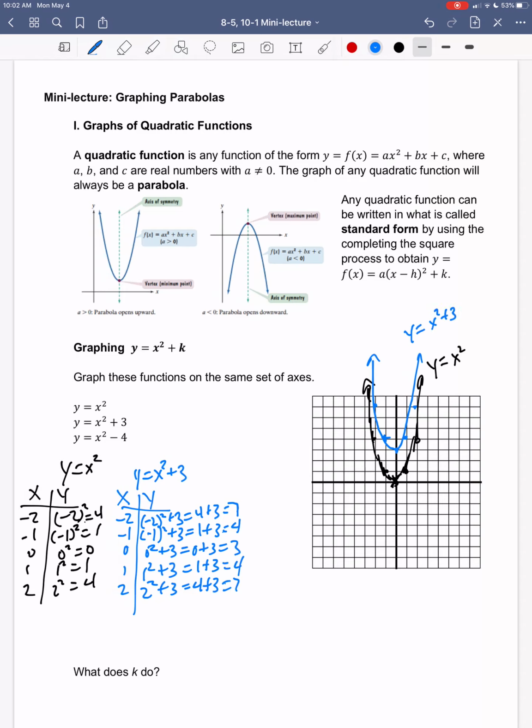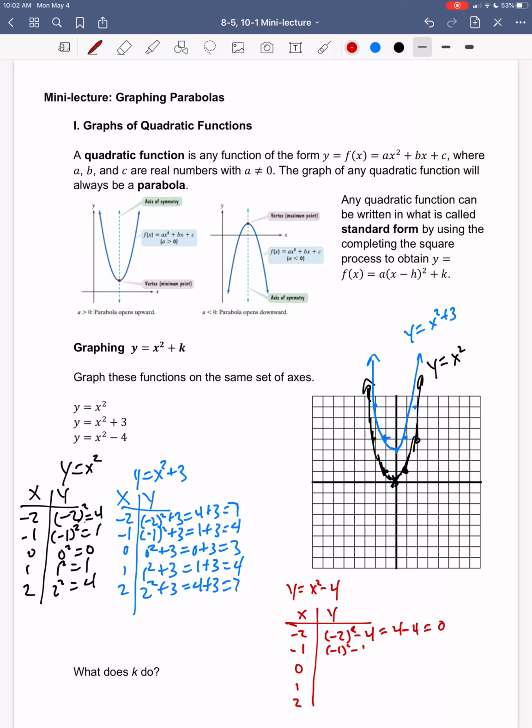All right, and now this other one, y equals x squared minus 4. So negative 2, negative 1, 0, 1, and 2. Negative 2 squared minus 4, that's going to be 4 minus 4, which is 0.